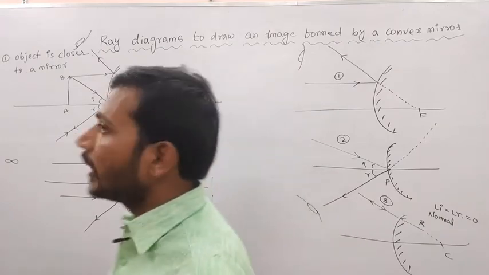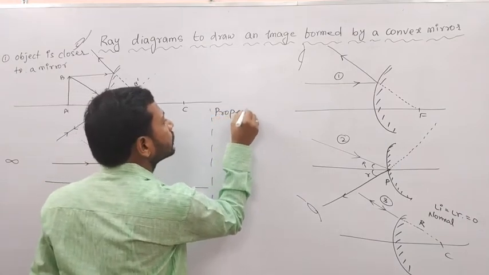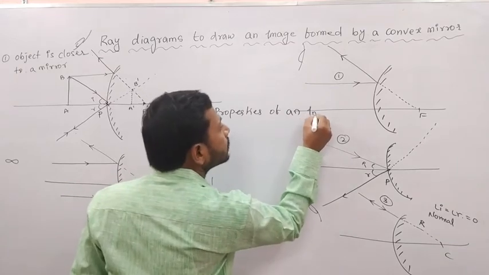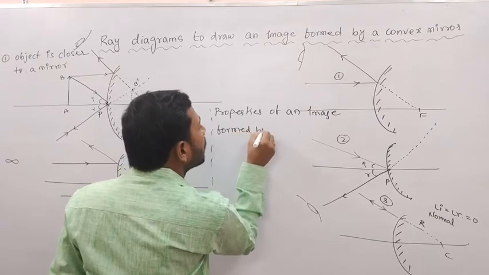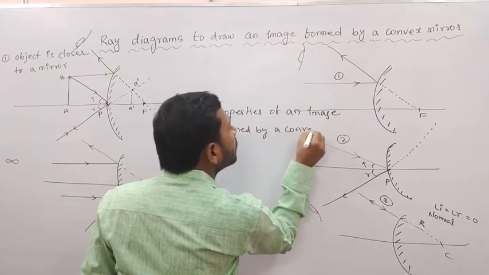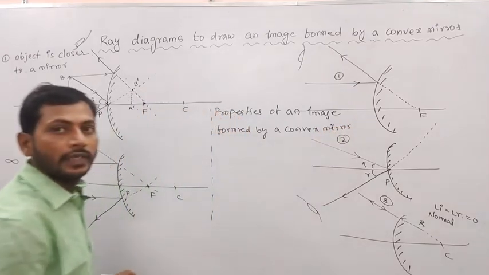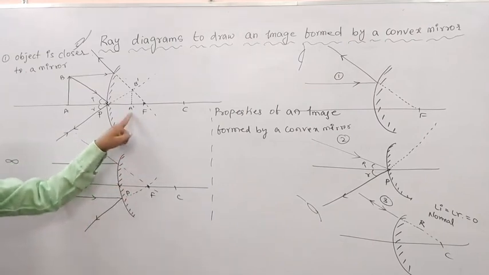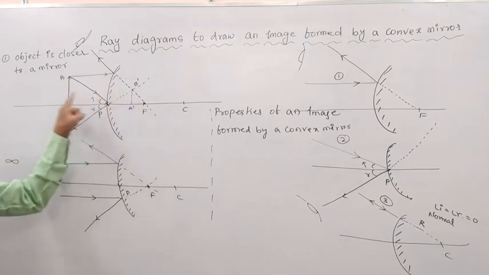Now I am going to write here the properties of an image formed by a convex mirror. See, first, if you observe the two cases, here it is very small, here it is a little bit bigger, but if you compare with the object, this image is also small.